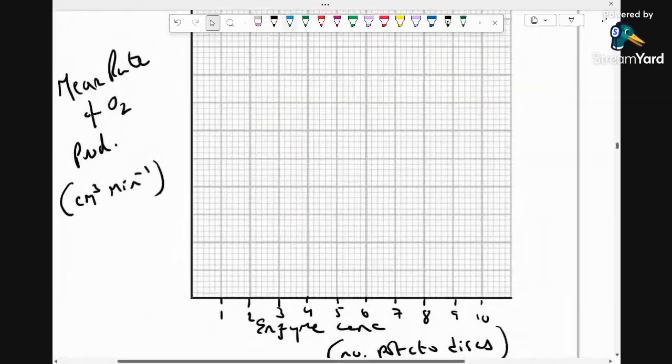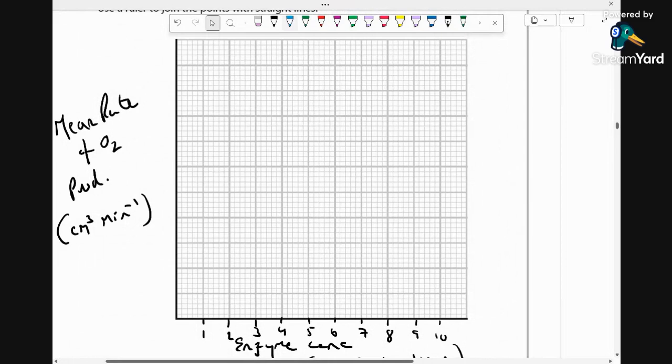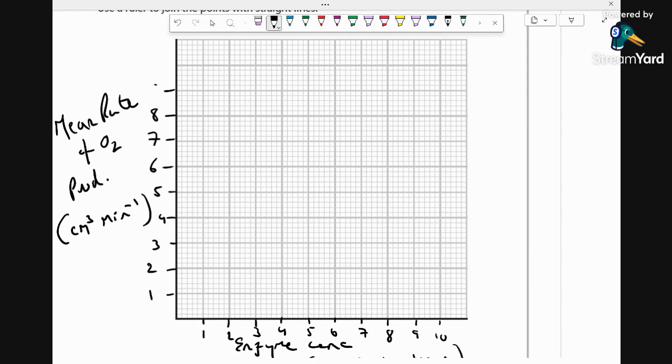So we'll have to go up in 1, 2, 3, 4, 5, 6. Yeah, probably the same, nice and easy. So 1, 2, 3, 4. Oops, missed one out. Easily done. 3, 4, 5, 6, 7, 8, 9, 10. There we go.